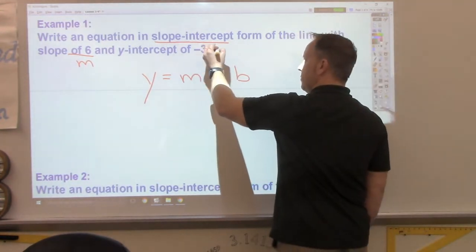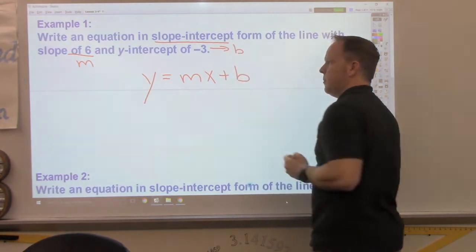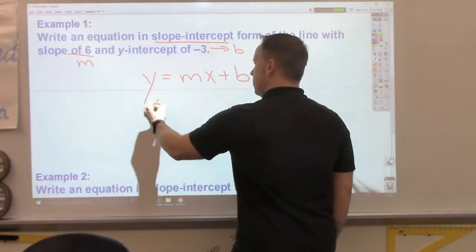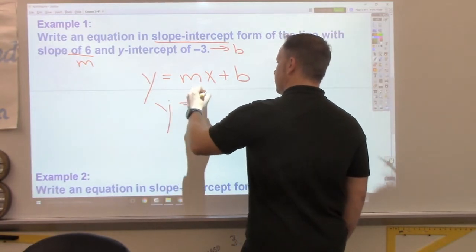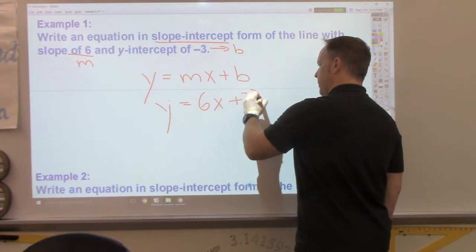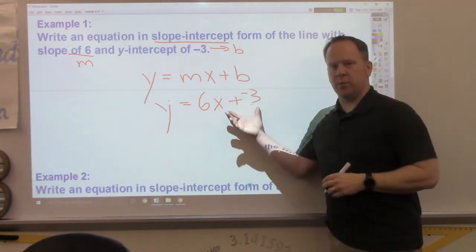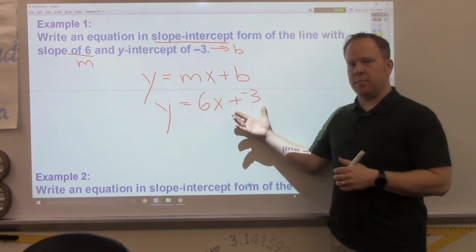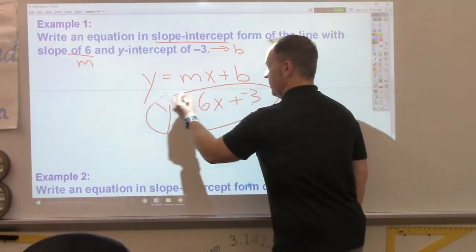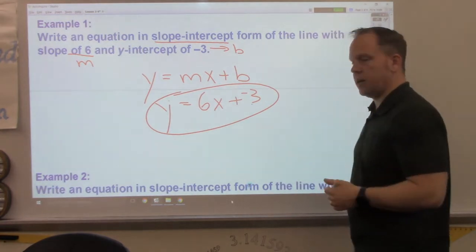Y-intercept, -3, that's my b. Folks, plug those two numbers in and you're done. That's it. Y equals 6x plus -3. You can put plus -3, or if you want to put simply -3, either form is acceptable. That's example 1, done.